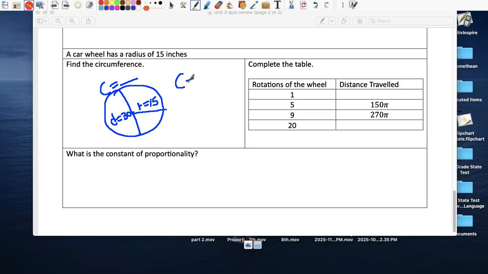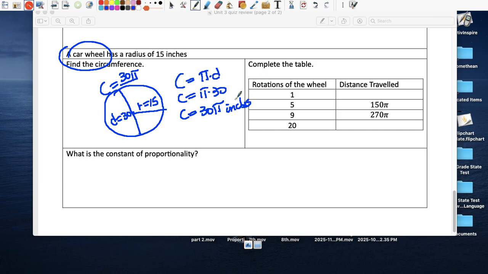So circumference equals pi times diameter. Circumference equals pi times 30, or 30 pi. What does that mean? Well, it means that if this car wheel rotates one time, it will travel 30 pi inches.